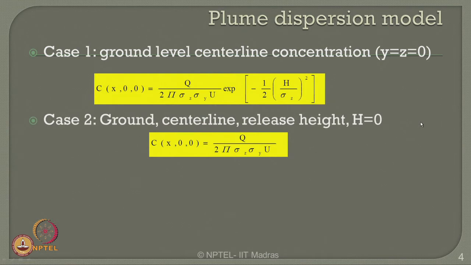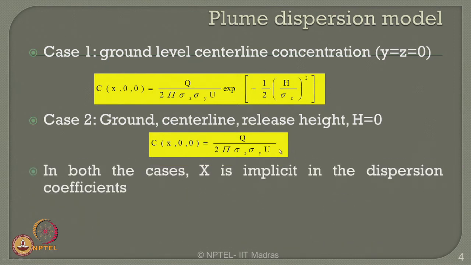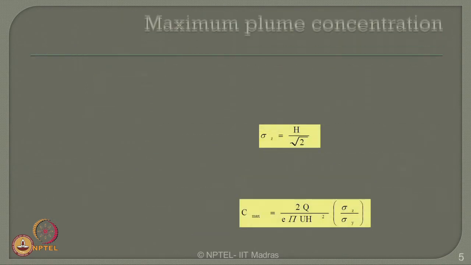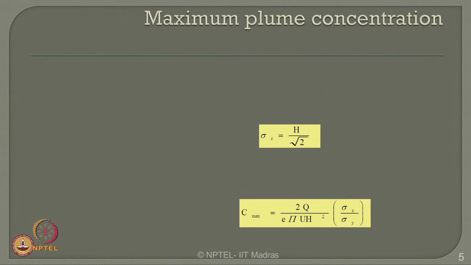Case 2 can be ground level, central line and release height, but of course h is taken as 0 in this case. So I can always find the ground central line concentration of the plume model by this equation. In both the cases of the above equation, x is implicit in the dispersion coefficients sigma y and sigma z respectively.